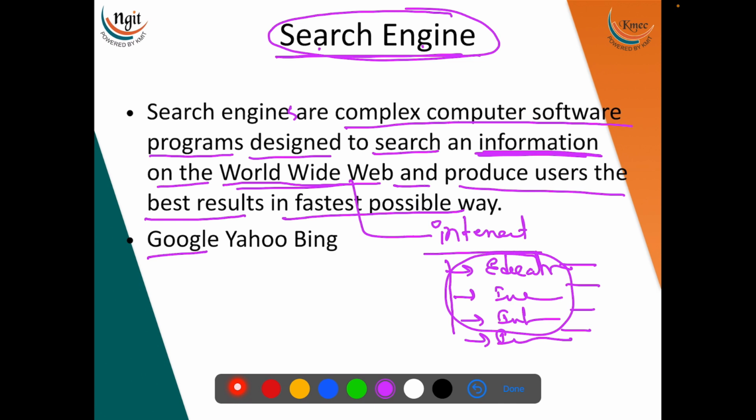We have other search engines, for example Yahoo and Bing. 70% to 80% of people use Google, and that's why it is more familiar than the rest. Yahoo and Bing are used by 20 to 30% of the population to search for some document or keyword on the internet. With this we understood something.